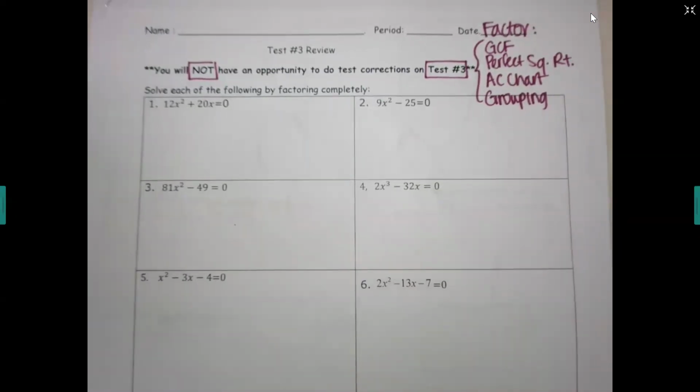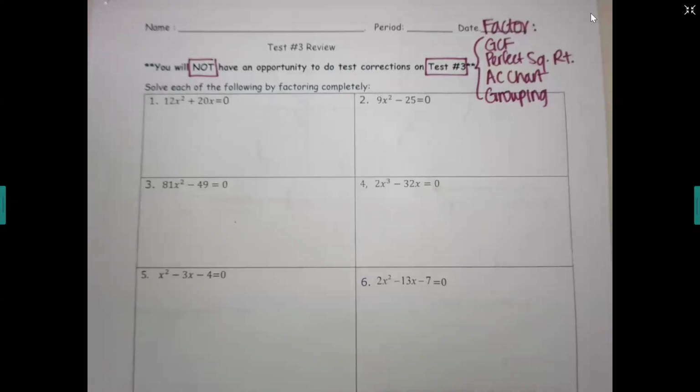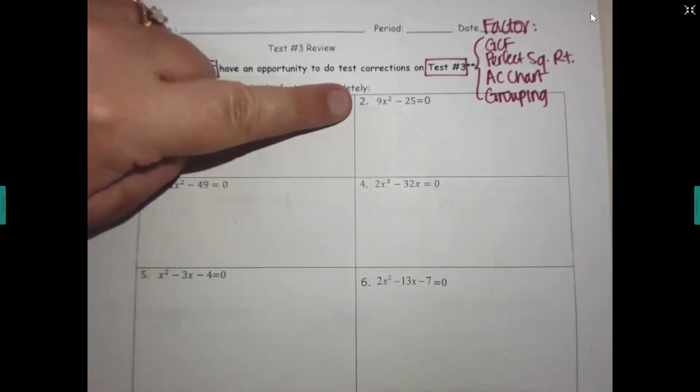So I'm going to do just 3 questions off the front here. We're going to start with number 2. Taking a look at number 2, can you GCF that? Can you AC chart that? No. You don't have enough pieces. Can you grouping that?